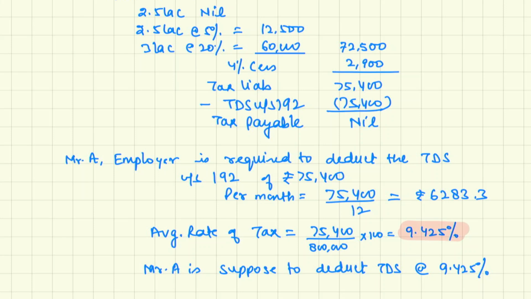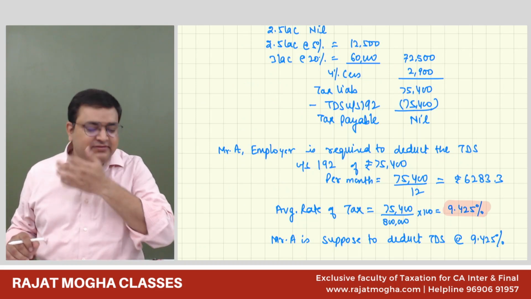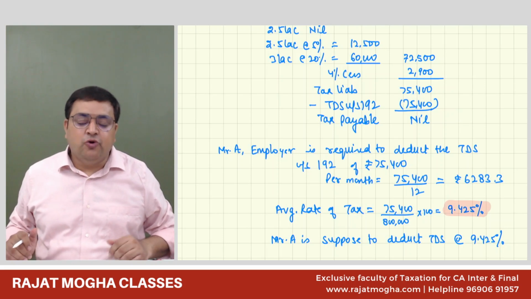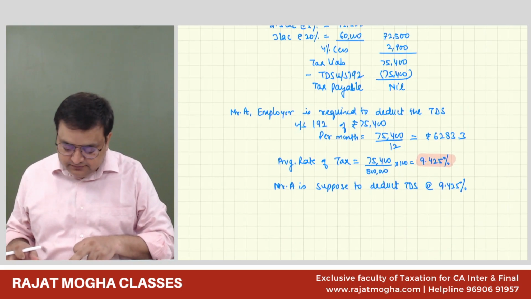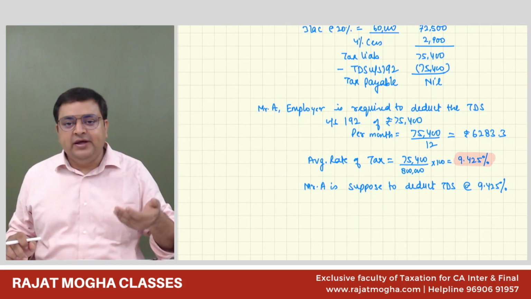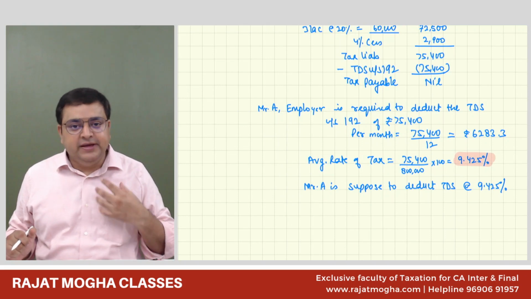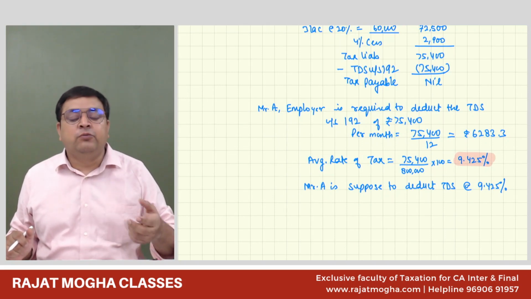Good. Now, sometimes this is what you have to answer. But sometimes they can also ask you that the employer is taking the responsibility that I will deduct the tax, I'll bear the burden of the tax on non-monetary perquisites.